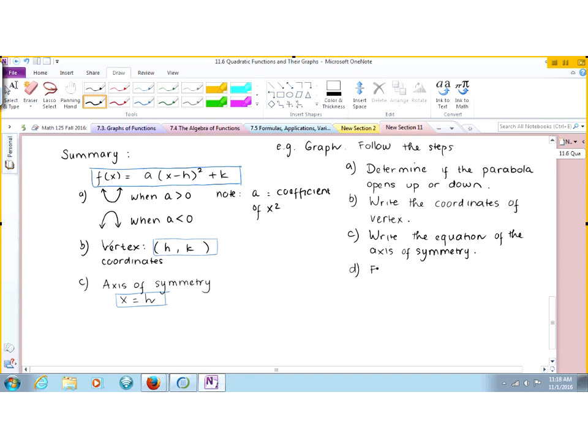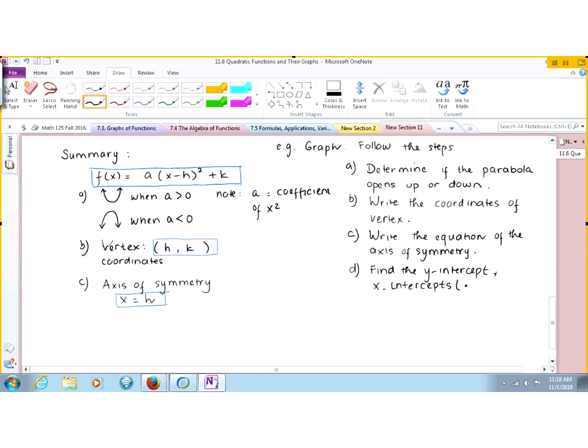And D, the x and y intercepts: find the y-intercept. The x-intercept is optional, but we will try to do it in a minute also.